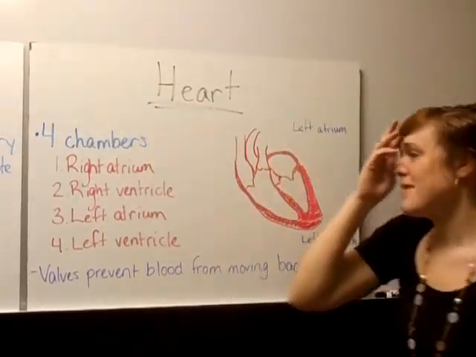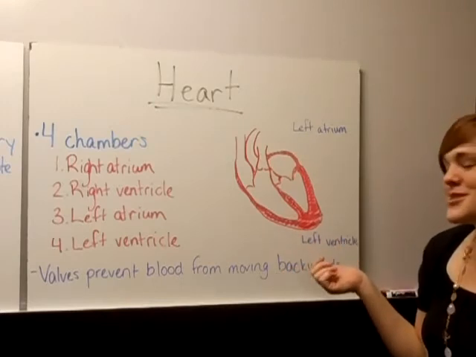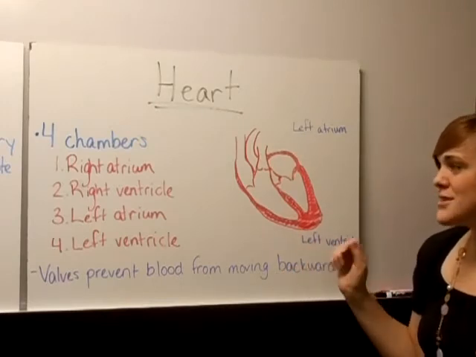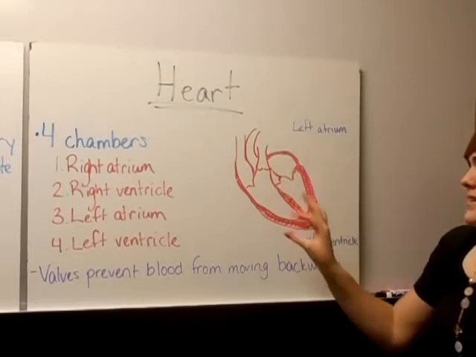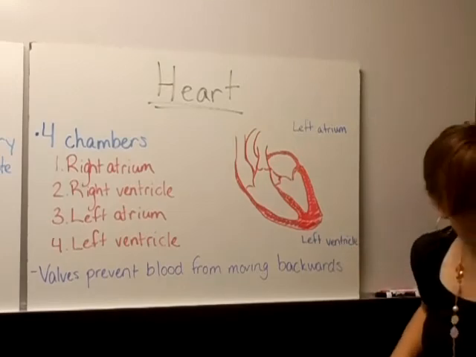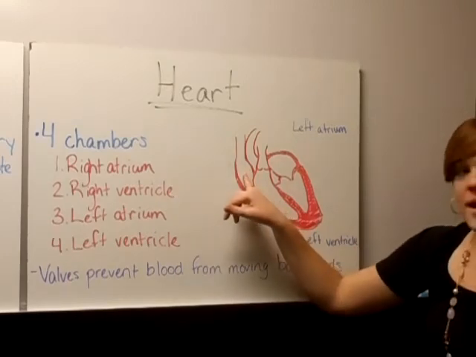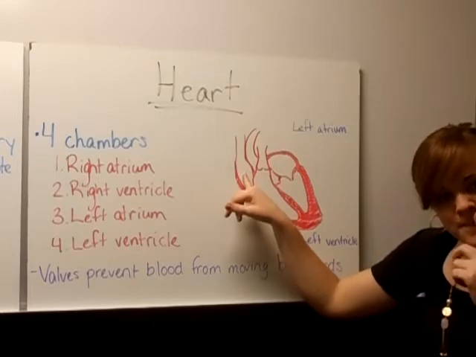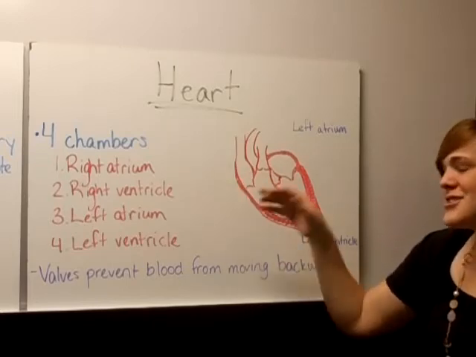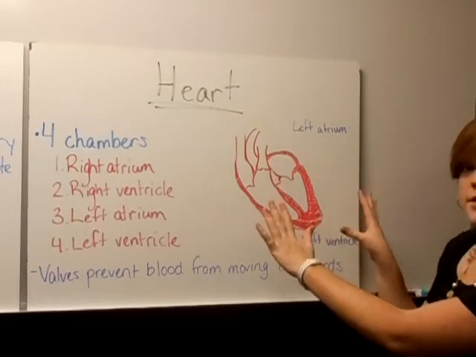Now, this is a heart. You'll see a picture that is much better in class tomorrow, but this is the gist of what your heart looks like. There are four chambers. The right atrium is here, and you may wonder why the right atrium is on the left-hand side, and that's because you're looking at this from the front of your body.